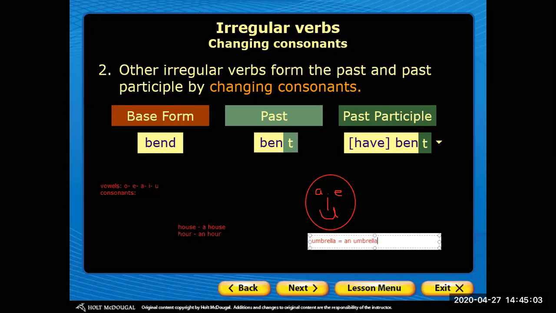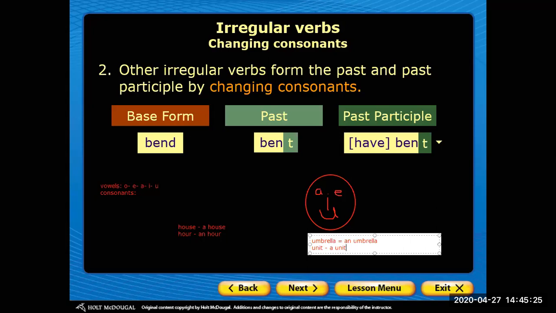Yes. How about this word, unit? Yeah, unit. It's a vowel. No, it starts with a consonant because it sounds like yeah, unit. I didn't say ah or oh. Right? So that's why we say a unit.